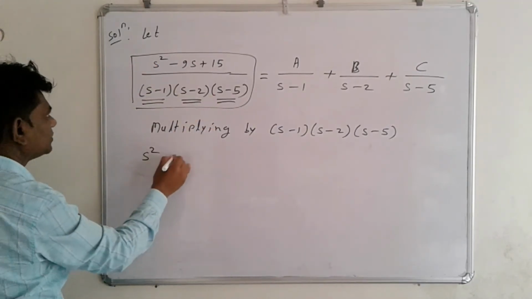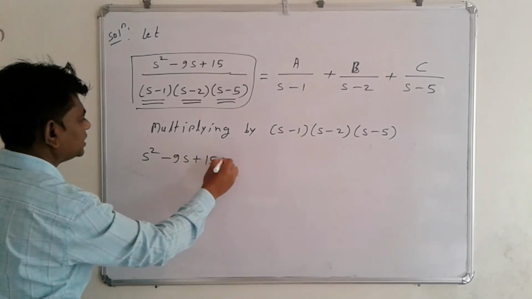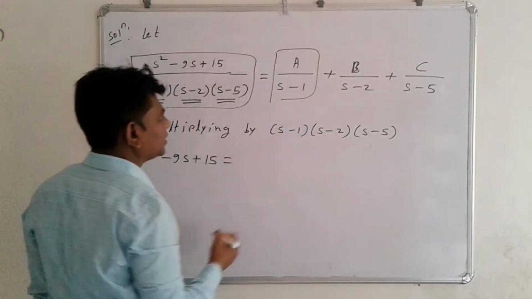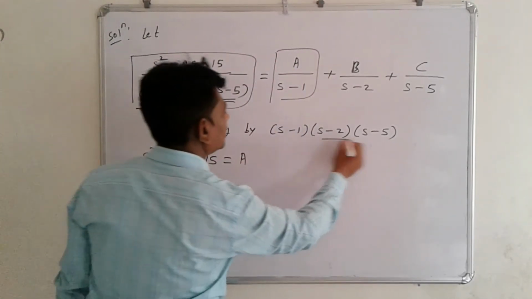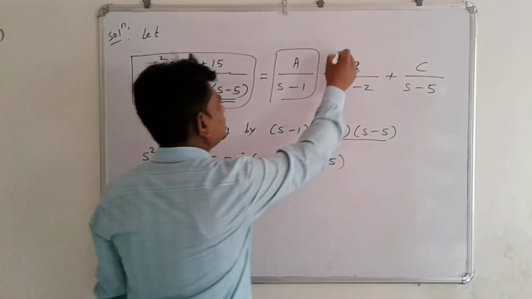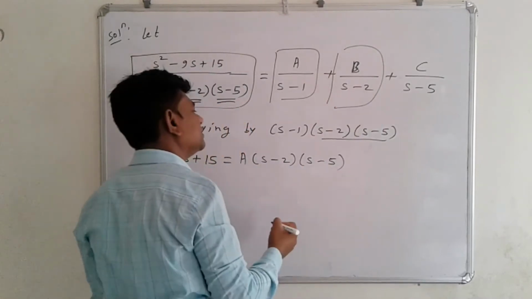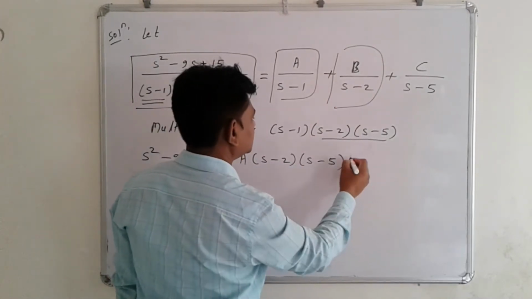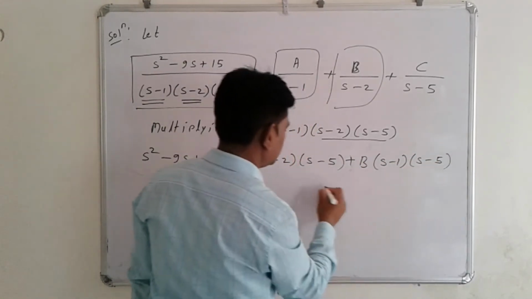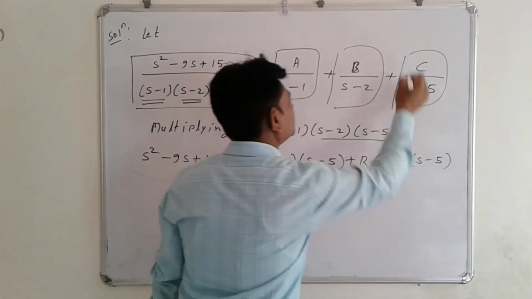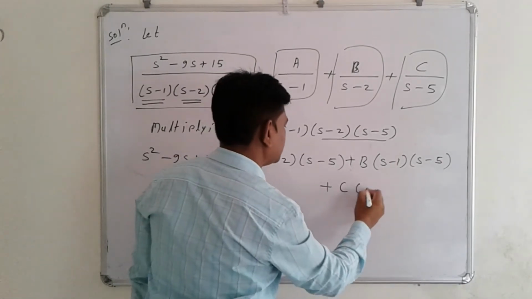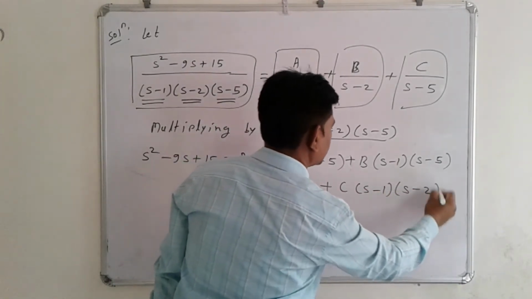The answer is s²−9s+15 is equal to, for the first term, s−1 gets cancelled, A times (s−2)(s−5). Now for the B term, s−2 gets cancelled, so plus B times (s−1)(s−5), plus the third term, C upon s−5, where s−5 gets cancelled, C times (s−1)(s−2).